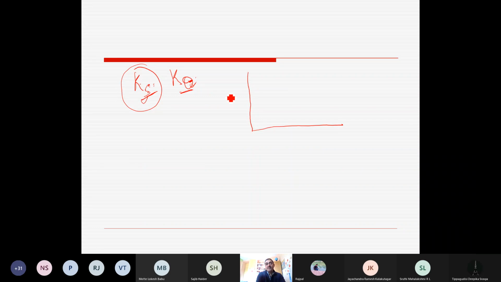This is the saturated hydraulic conductivity Ks, and this is soil moisture content theta. It is wilting point at 0, and it is saturation here. That is clear.